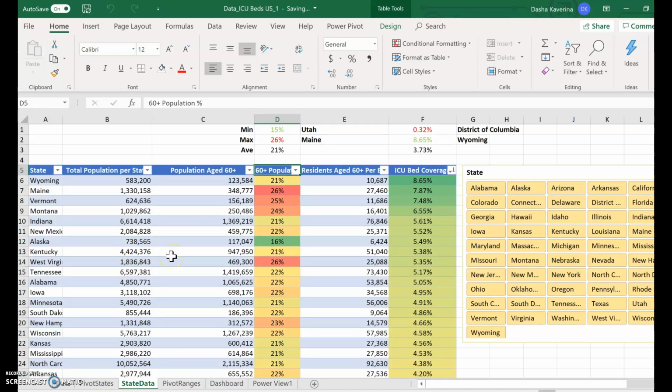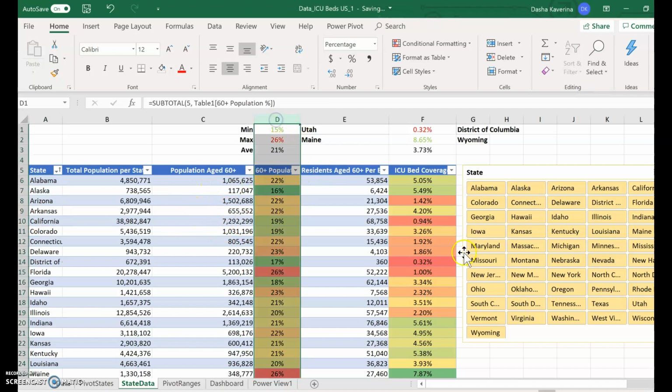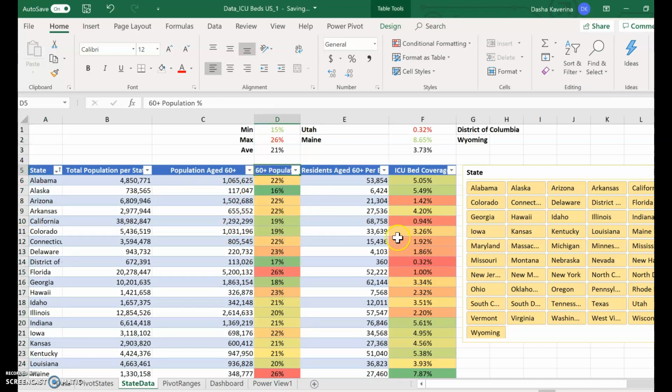This is where most of my analysis happened. First things first, I wanted to look at the population percentage per state, population 60 and over. So column D has population 60 and over.